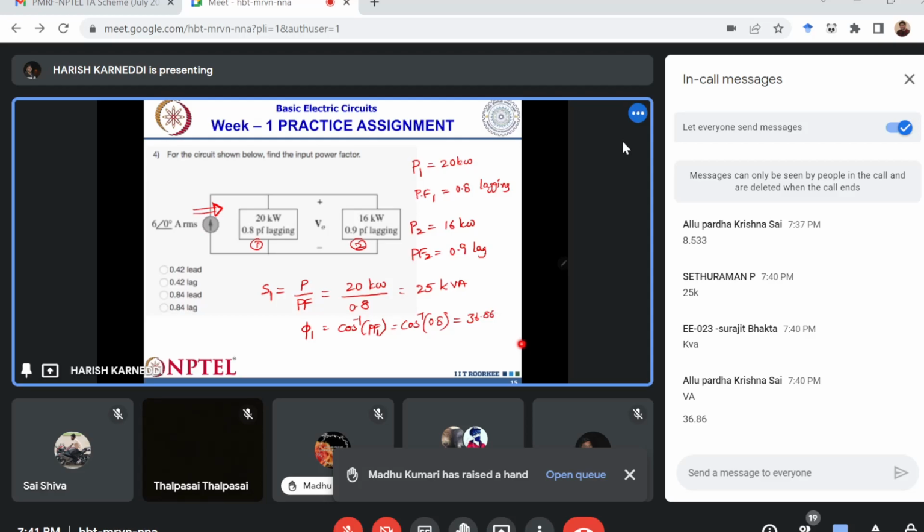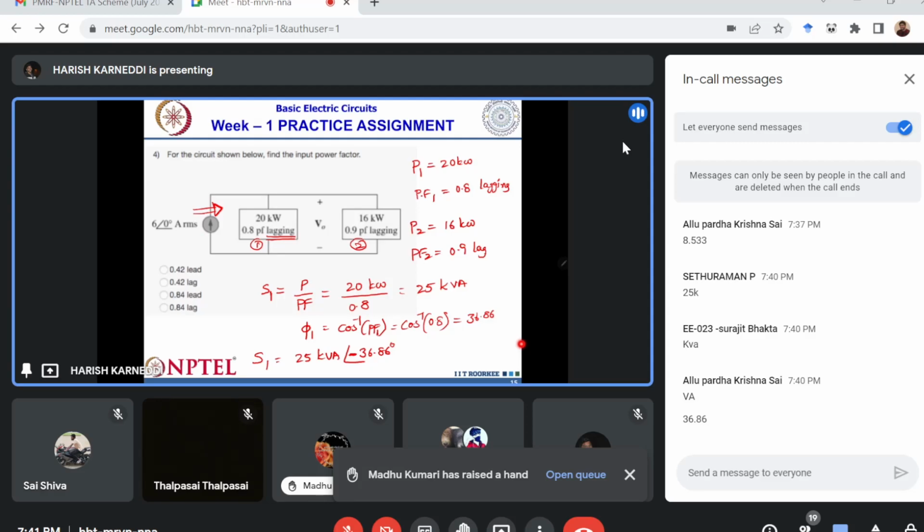Okay, therefore S1 can be written as 25 kilovolt ampere or volt ampere, whatever it may be, both are right. 25 kVA at an angle of power factor. Already here he gave us a lagging power factor. Lagging means negative sign will come, so minus 36.86 degrees.